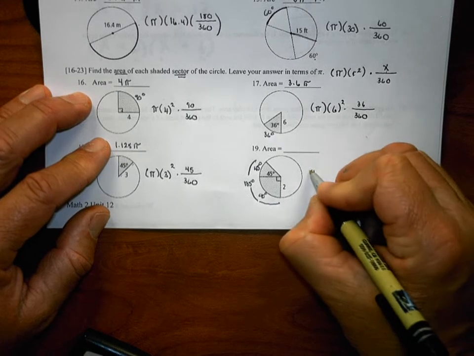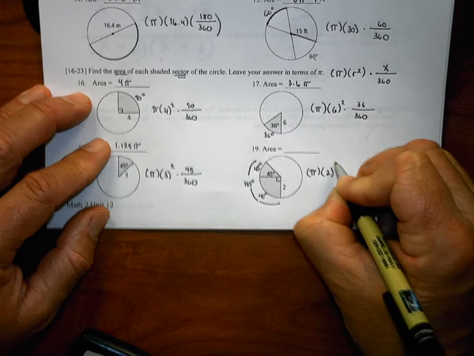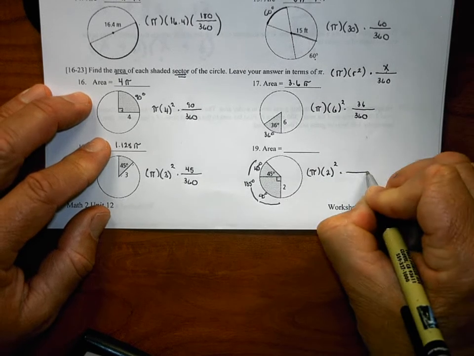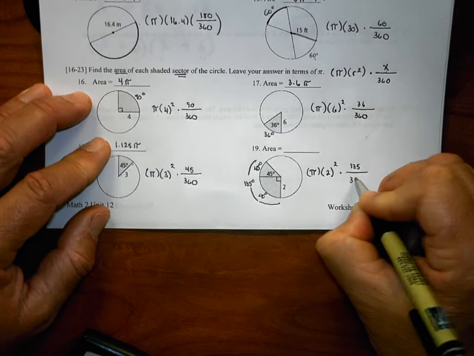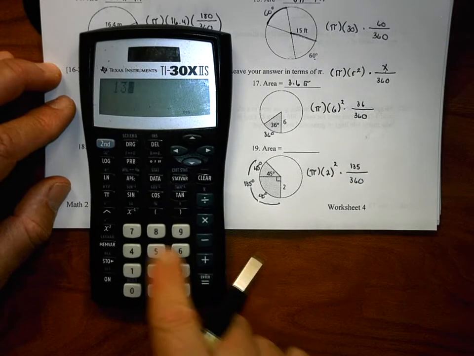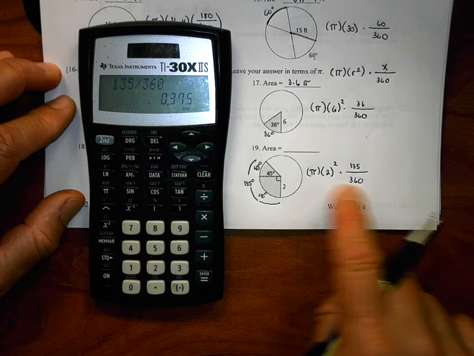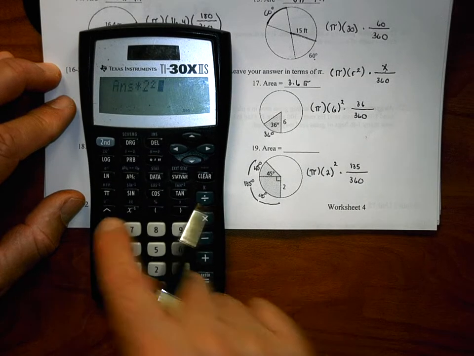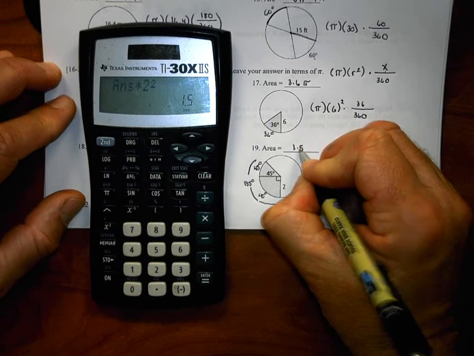So to find the area of the shaded part, I'm going to go pi times the radius, 2 squared, times the fraction, which is the shaded part, 135 out of 360, because that's a whole circle there. Okay, dividing the fraction out, 135 divided by 360 gives me that decimal. I'm going to multiply that by 2 to the second power, 1.5 pi for number 19.